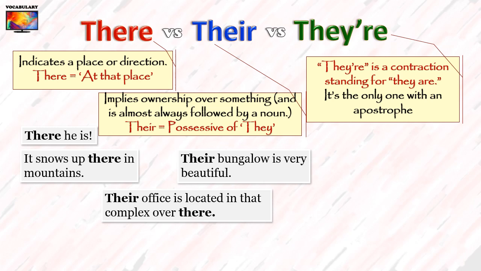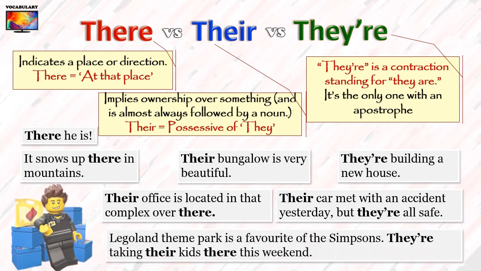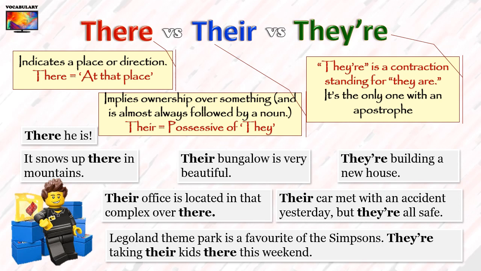So for example, they're building a new house. Their car met with an accident yesterday, but they're all safe. Now one sentence which has all three words. Legoland theme park is a favorite of the Simpsons. They're taking their kids there this weekend.